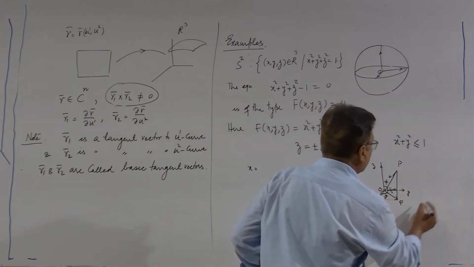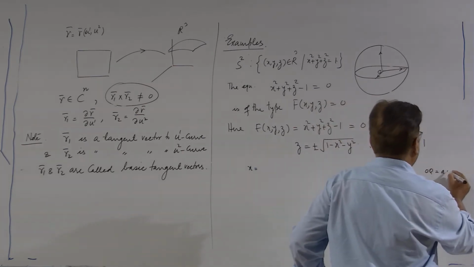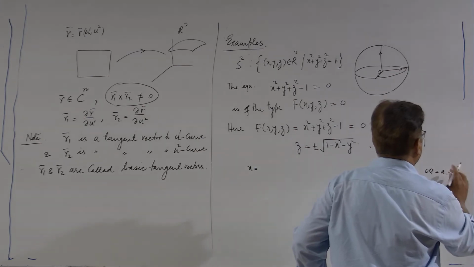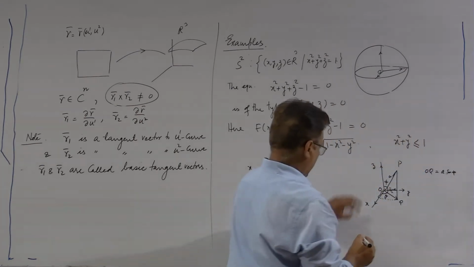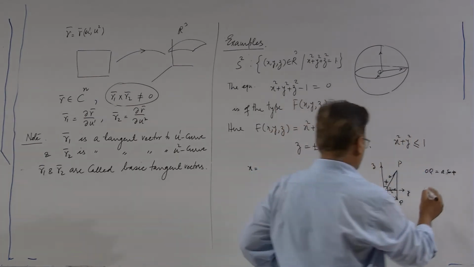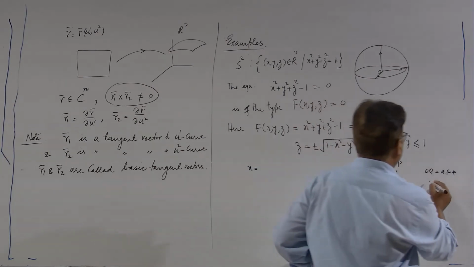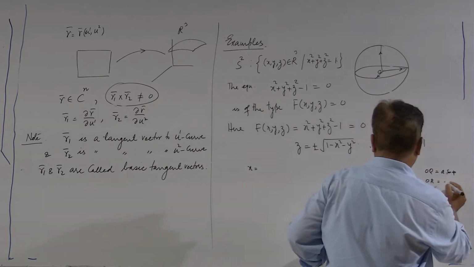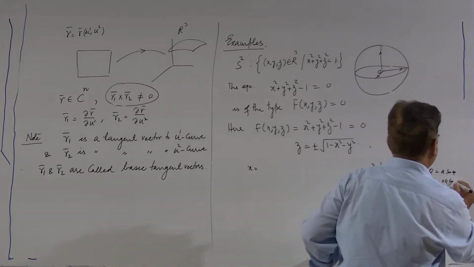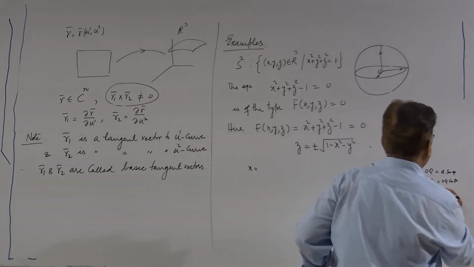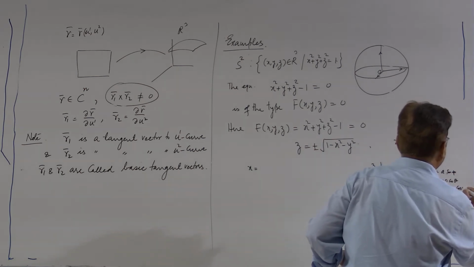So, OQ will be equal to a cos(90 minus phi), which means a sin phi. And OR, the x component, is equal to OQ cos theta, so OQ is a sin phi, times cos theta.